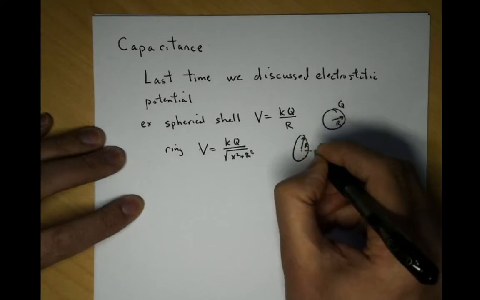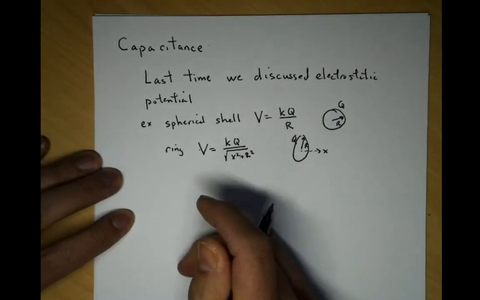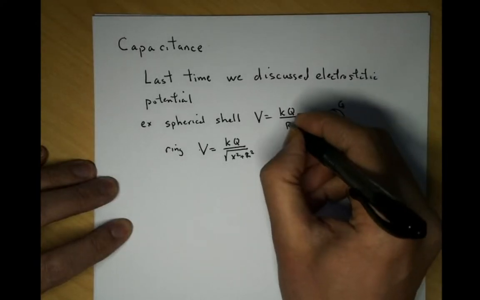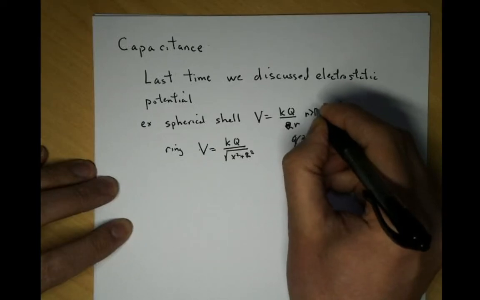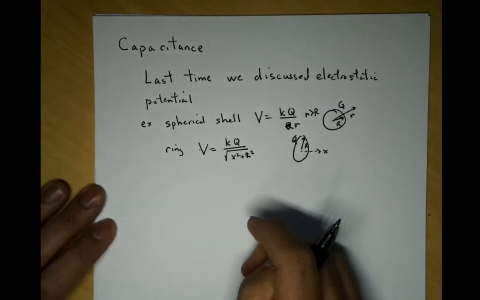Radius R, position X there, charge Q in this case as well. This one technically should be over R, R greater than R. Right there. Okay.